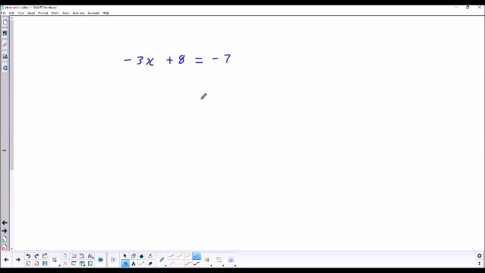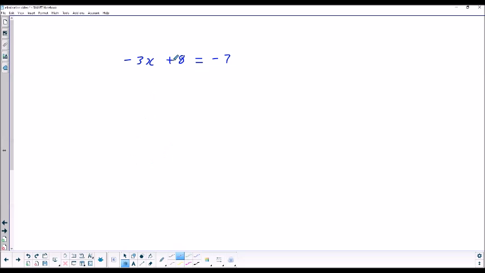I want to isolate for x, to solve for x. So I need to get the x by itself. The first thing is to get the x term by itself, so I want to eliminate this +8. To do that, I have to form a 0 with that +8.